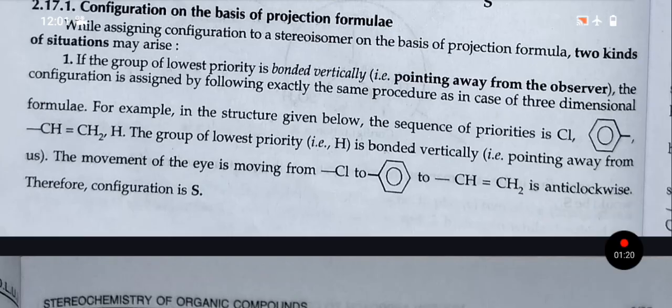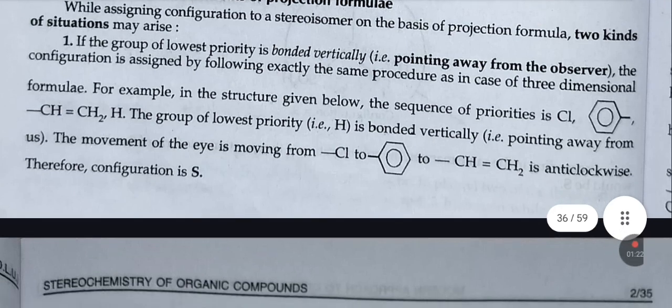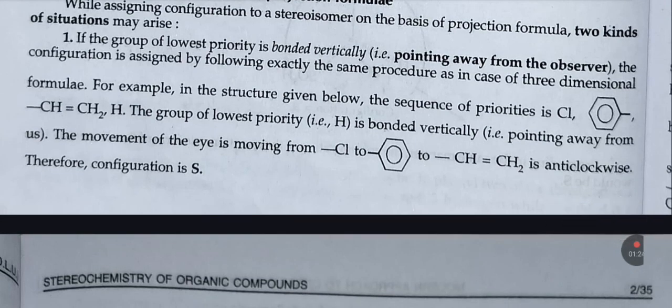Configuration on the basis of projection formula. While assigning configuration to a stereoisomer on the basis of projection formula, two kinds of situation may arise. First, if the group of lowest priority is bonded vertically, that is pointing away from the observer, the configuration is assigned by following exactly the same procedure as in case of a three-dimensional formula.